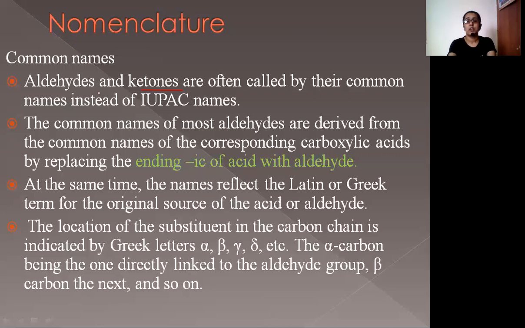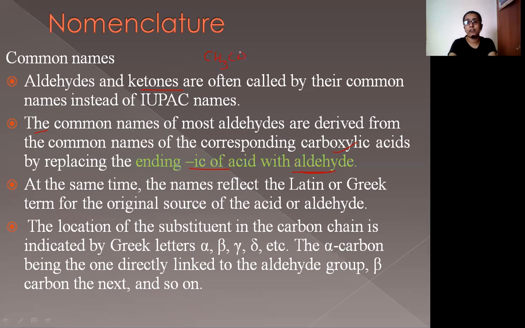Now, most of the common names of aldehydes are derived from the corresponding carboxylic acid. How? By replacing ic acid with aldehyde. That will give you the name of the corresponding aldehyde. Like acetic acid, the formula of acetic acid is CH3COOH, right?